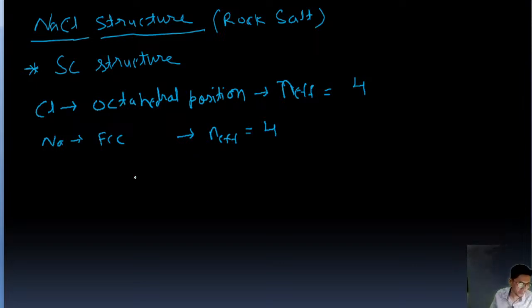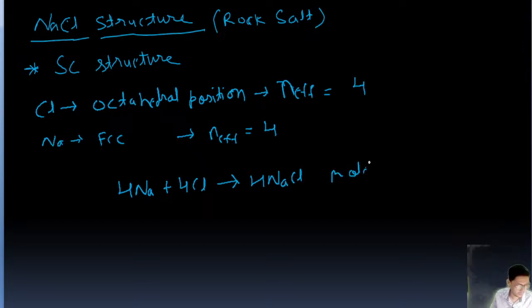So 4 Na plus 4 Cl equal to 4 NaCl molecules, okay. This is called sodium chloride structure as well, sodium chloride structure or rock salt structure. And N effective for Na, the sodium is 4 and chlorine is 4, okay. Well, so this is the one.